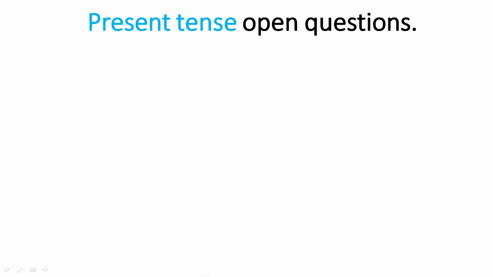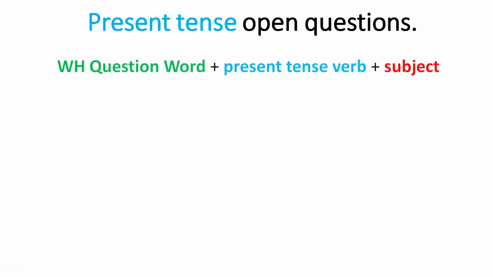So firstly, let's think about how to make present tense open questions. This means open questions about now, the present. Not yesterday, not tomorrow or next year, but right now. To make these questions, first we need a WH question word, like who, what, where or when.